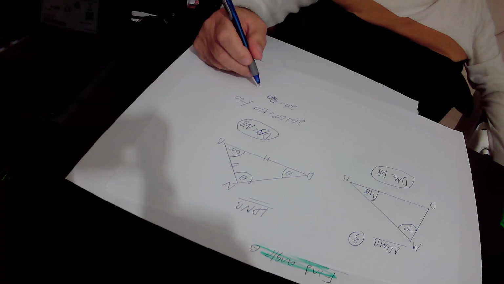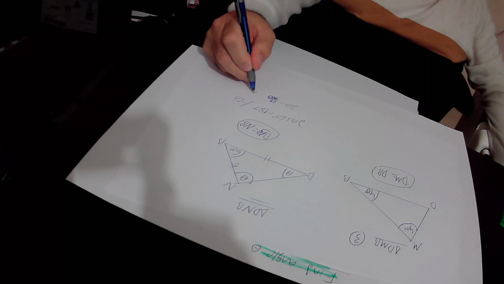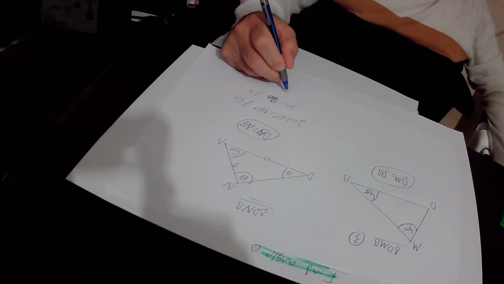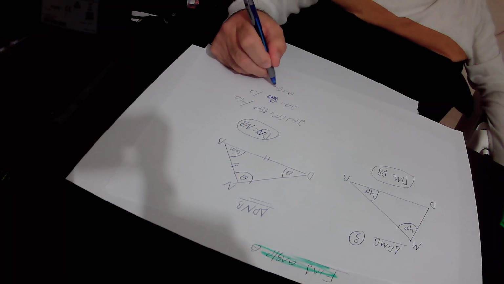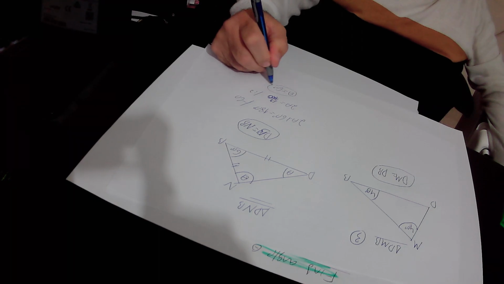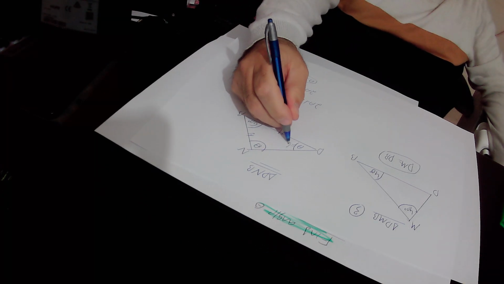So 2 theta equals 120 degrees. We divide this equation by 2. And finally we get that angle theta equals 120 degrees over 2, it is 60 degrees. So this angle theta equals 60 degrees.